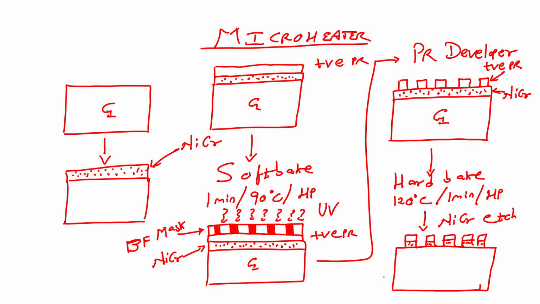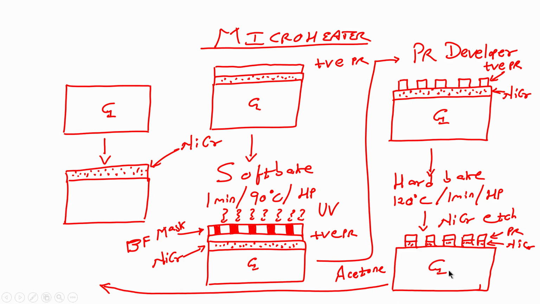Easy. After this, I am going all the way here, okay. Stay with me. After this, I will dip this wafer in acetone. What is the role of acetone? It will strip off my photoresist, this is my photoresist, this is nichrome, and what is my substrate? Substrate is glass, right. So, when I dip this wafer in acetone, what will I have?